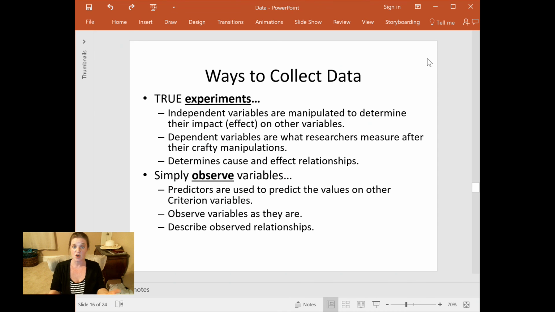And when you as the researcher get in there and manipulate the independent variable to then watch to see what happens to your quantitative dependent variable, you have got yourself a true experiment, and you can talk about cause and effect. If you find differences between your groups, you can say smoking marijuana causes changes in people's brains or causes changes in motivation, right? That is called a true experiment because you're actually manipulating things.